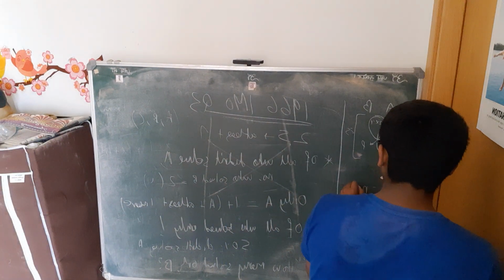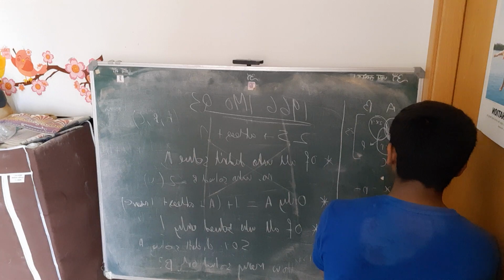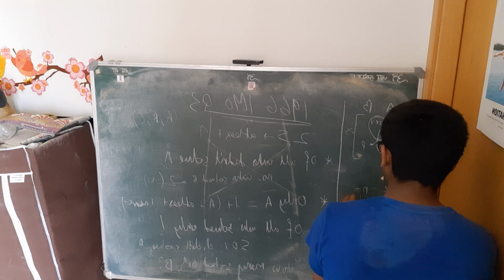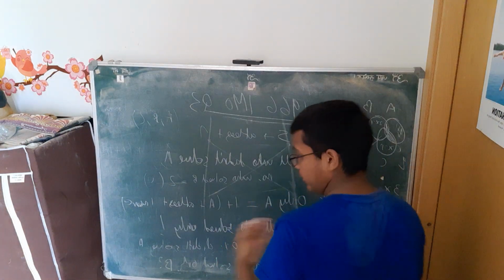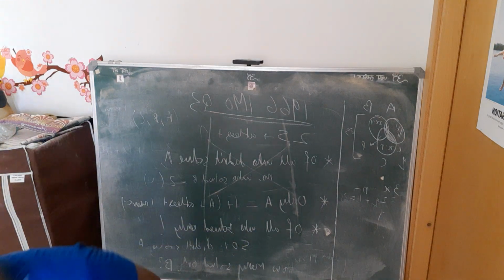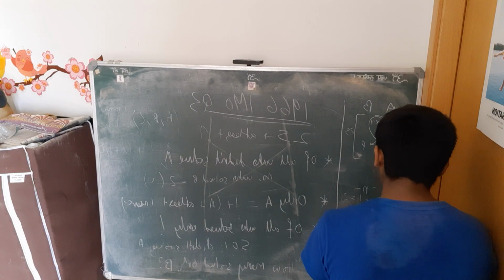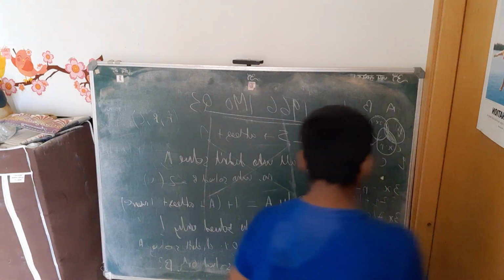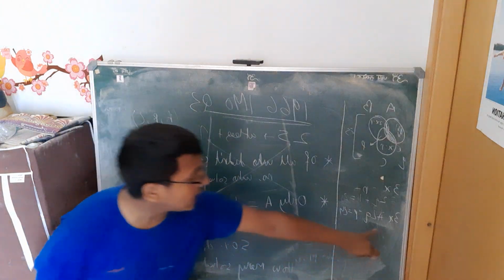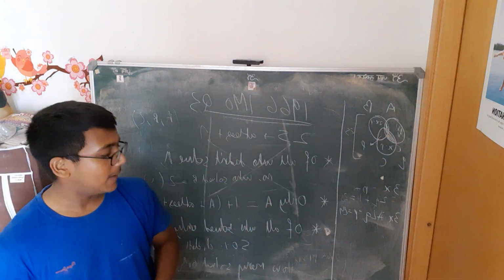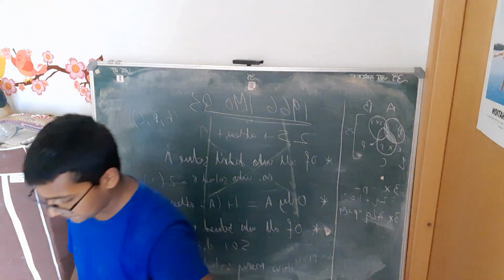So 3x minus p plus 2q plus 1 equals 25. And we can further simplify this to 3x plus 2q minus p equal to 24. We're bringing the 1 to the other side. So 3x plus 2q minus p equals 24.